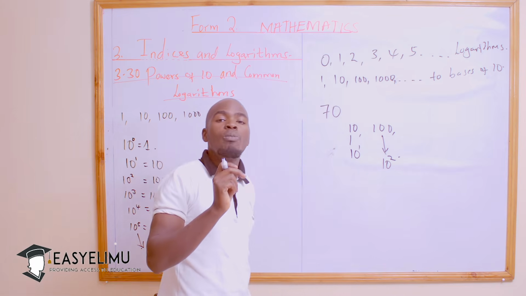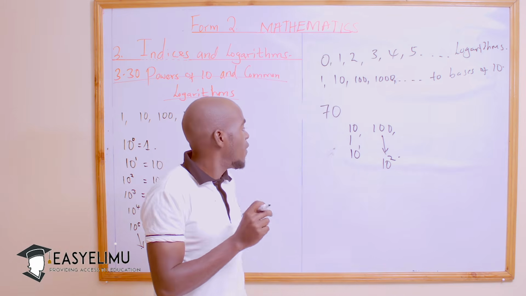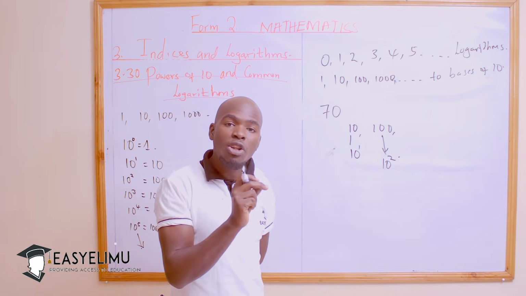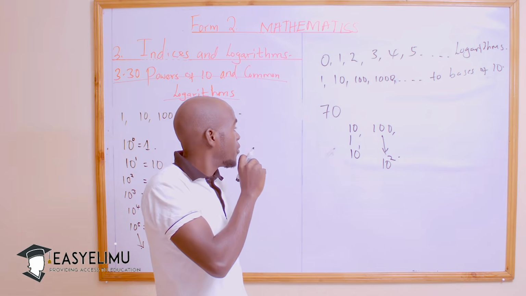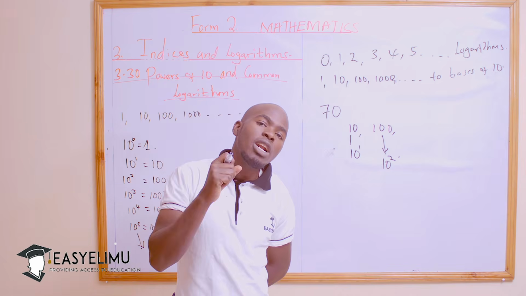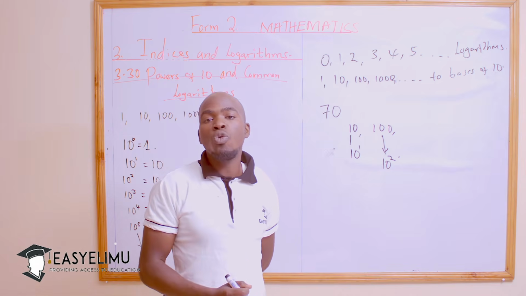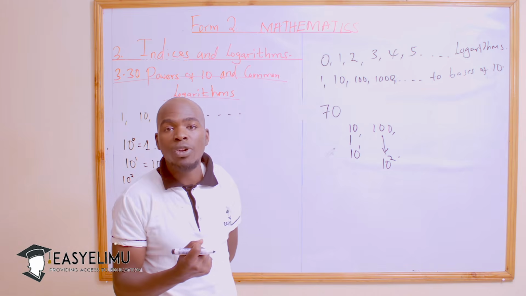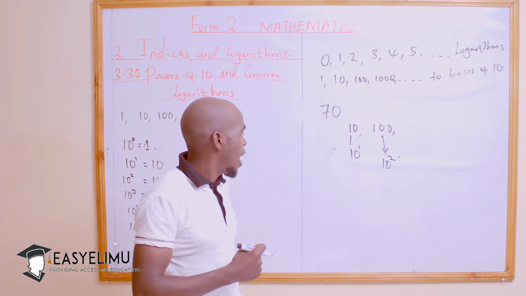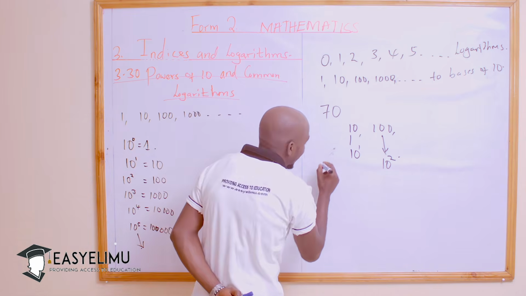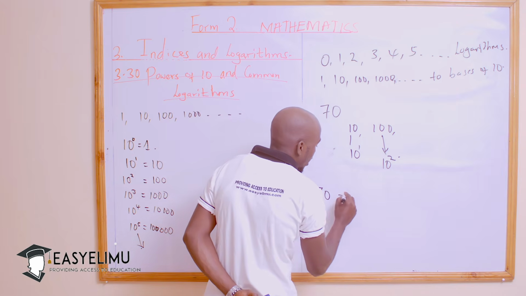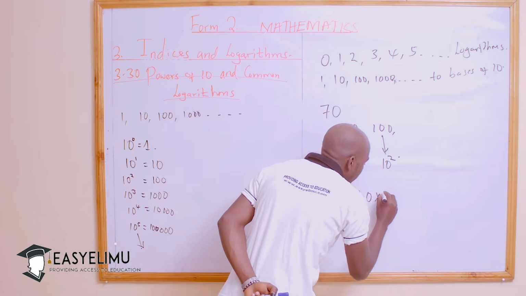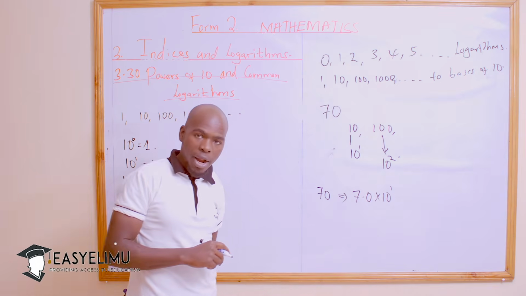So we need to compute the real logarithm of 70. In order to find that, we incorporate what we have already learned, what we refer to as standard form. We rewrite 70 in standard form, and it is 7.0 times 10 raised to power 1.